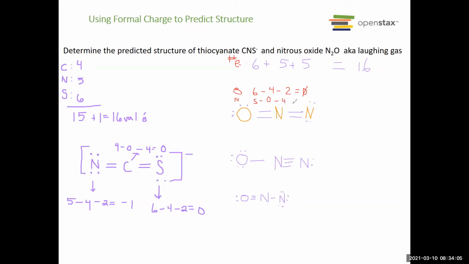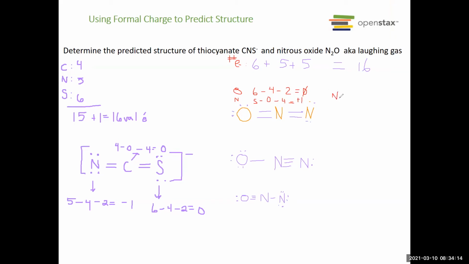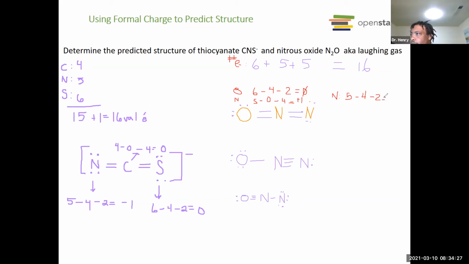Okay, so that means that this guy would be +1. And then the other nitrogen, 5 valence, 4 lone pairs, and then 2 bonds. So then that would be a -1.